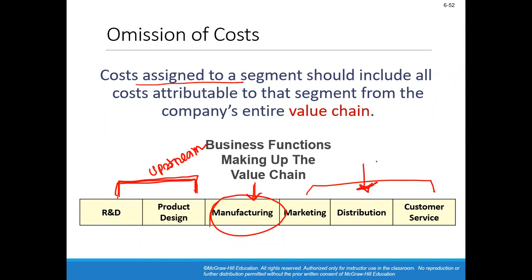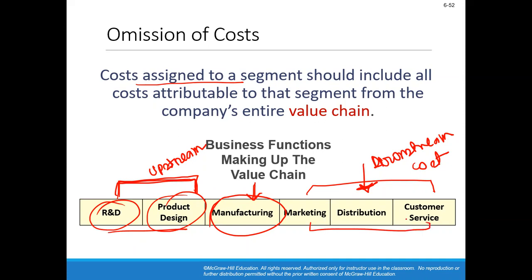So these costs are part of the downstream cost. It is self-explanatory why it is upstream and why it is downstream. The purely upstream costs are R&D and product design. These are not part of manufacturing cost, but they are part of non-manufacturing cost. So we cannot ignore it.